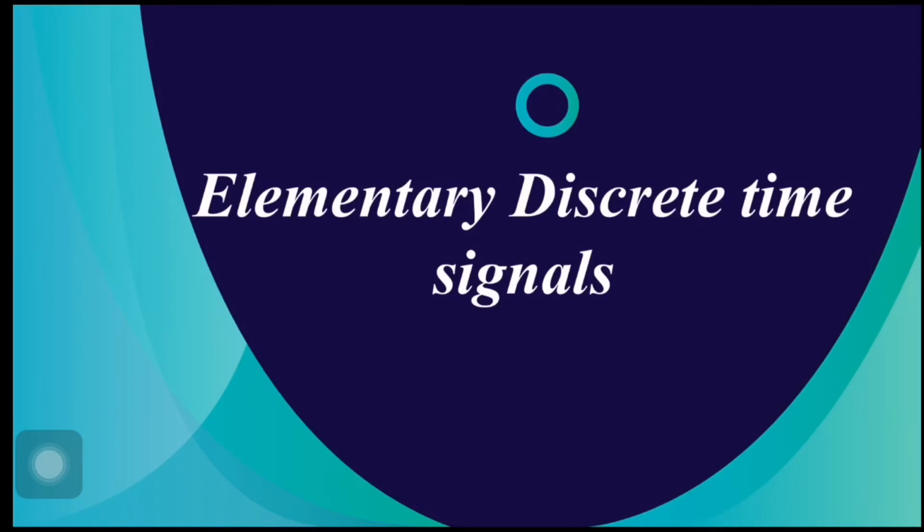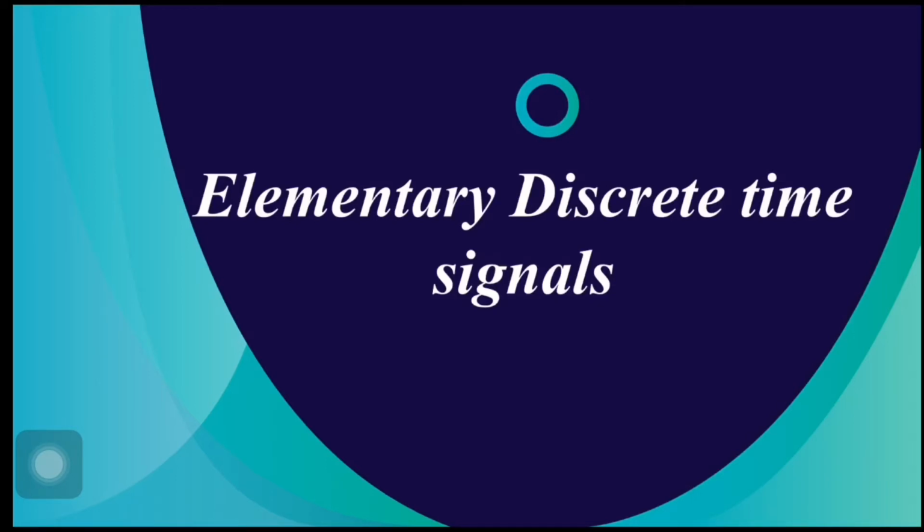So, if we want to do a detailed analysis of systems, we should apply different types of elementary signals to the input. Or in other words, we should know about different types of elementary signals. That's why we are doing this session.